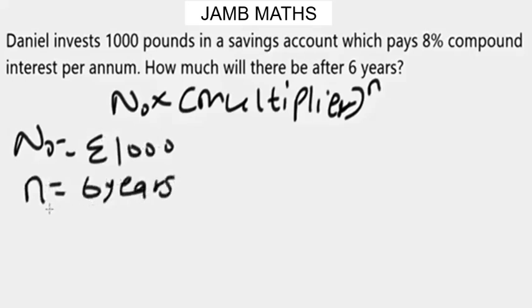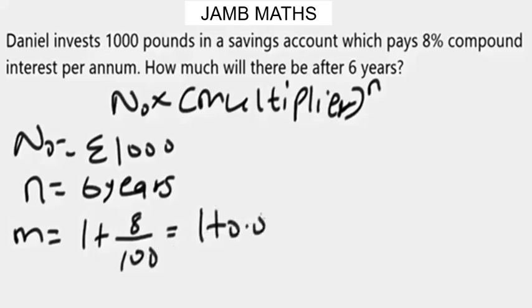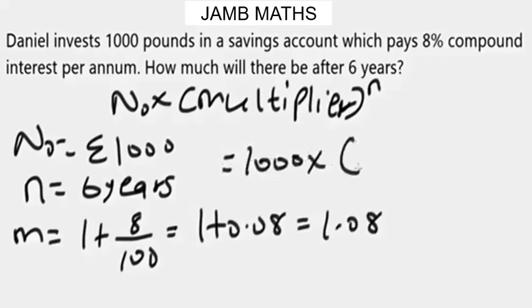And our percentage change multiplier will be 1 plus, since we are looking at an increment here, how much will there be after 6 years? So it will be 1 plus 8 over 100, which will give us 1 plus 0.08, which gives us 1.08. So when you plug these values into the formula, we have 1000 times 1.08 to the power n, which is 6.